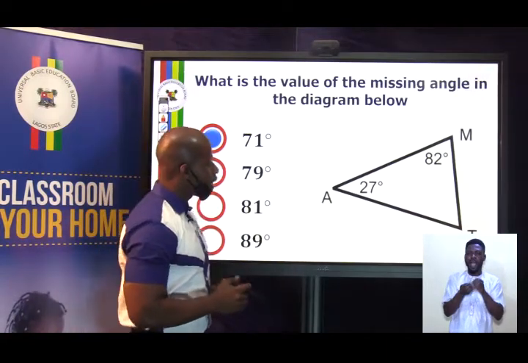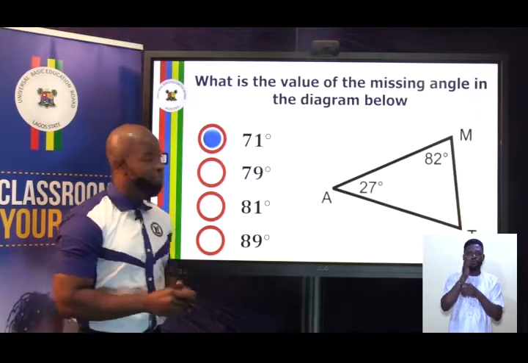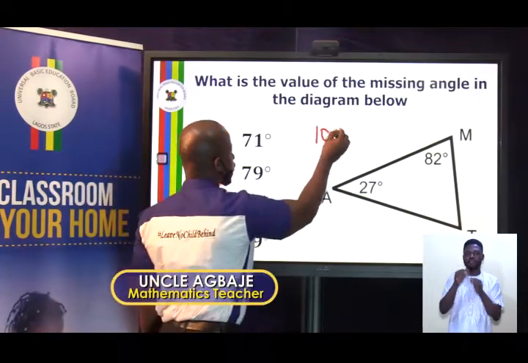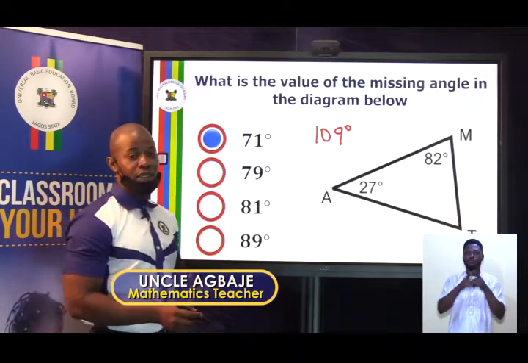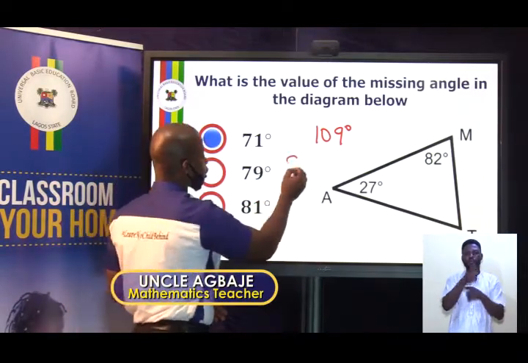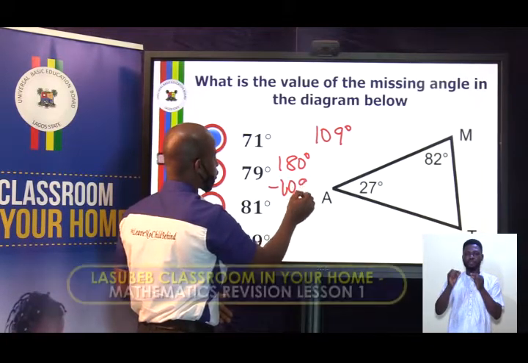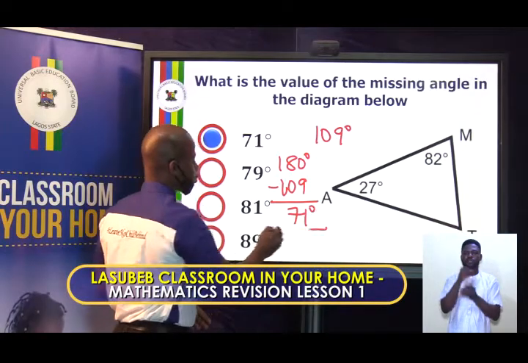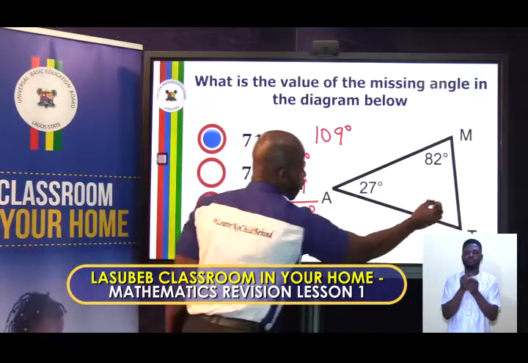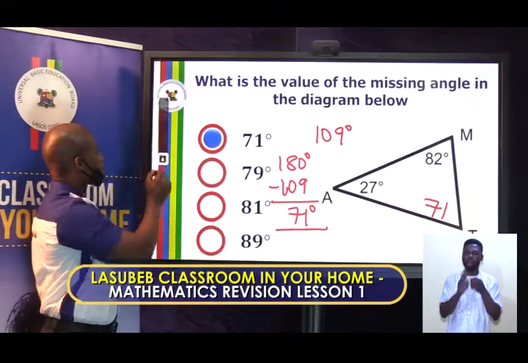So when you add 82 degrees and 27 degrees, you will get 109 degrees. Now, I need to make 109 degrees up to 180 degrees. What's the difference? That is 180 degrees minus 109 degrees, and you get 71 degrees. This is the answer. So here is 71. Everything must add up to 180.